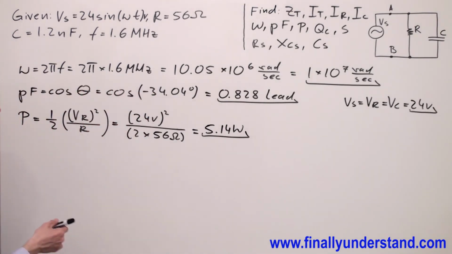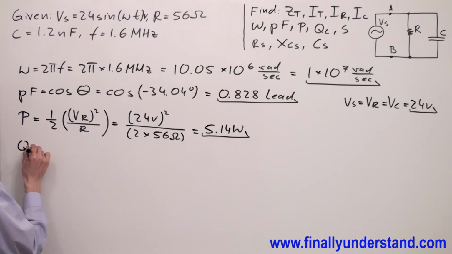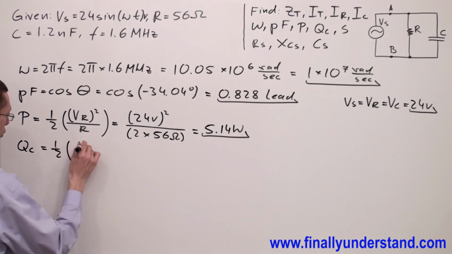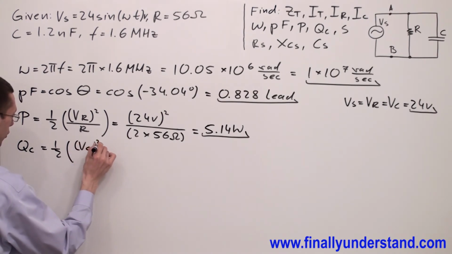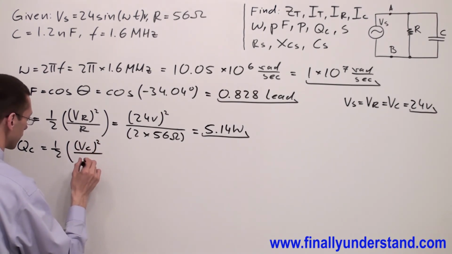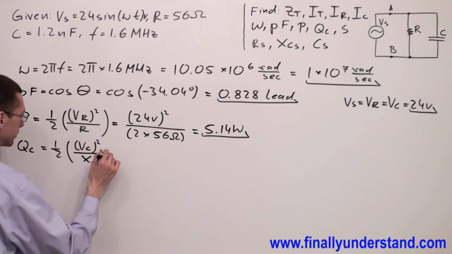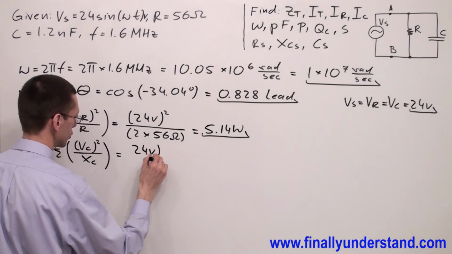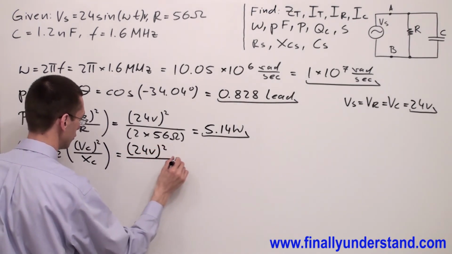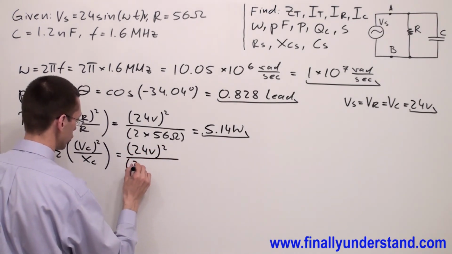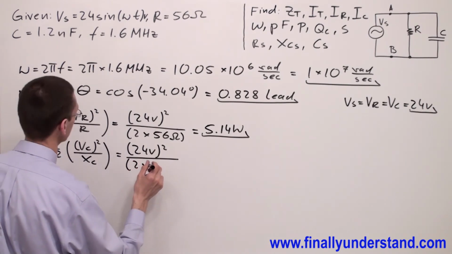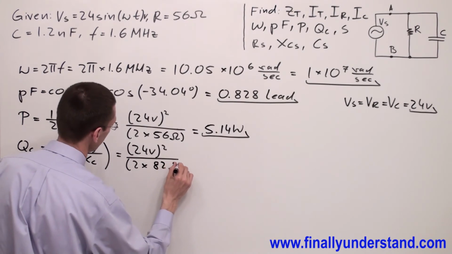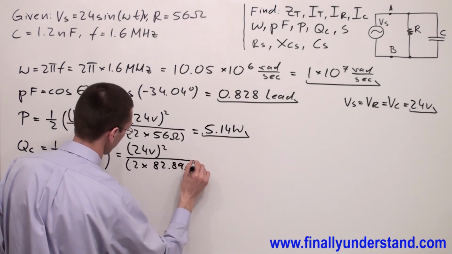Next, I'm supposed to find the reactive power, Q_C. Q_C is equal to 1/2 voltage across the capacitor raised to the second power over X_C. This is equal to 24 volts raised to the second power over 2 times X_C, which is 82.89 ohms.